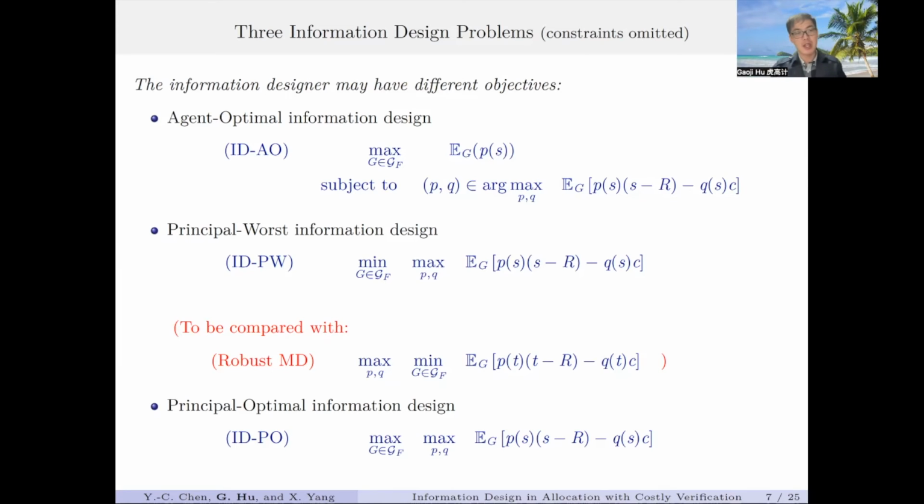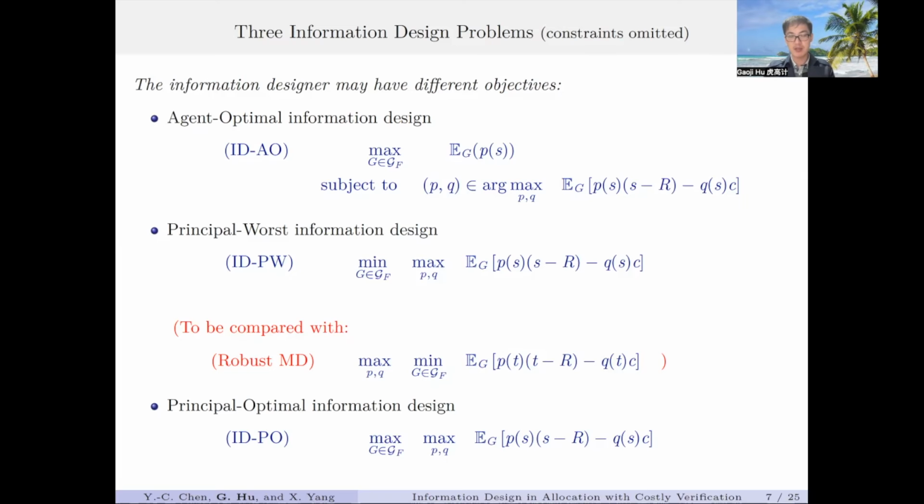And the second problem is the principal worst information design problem. In this case, the designer chooses a signal distribution G to minimize the principal's maximized payoff from the mechanism design problem. So at first glance, the motivation of this principal worst information design problem is unclear, but we will use the result of this problem to study the related robust mechanism design problem.